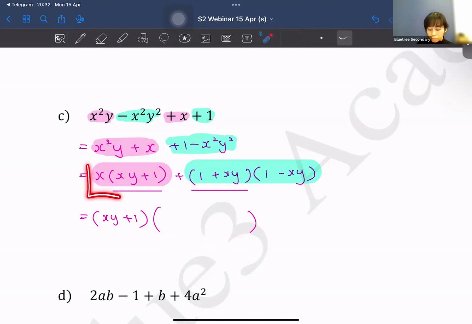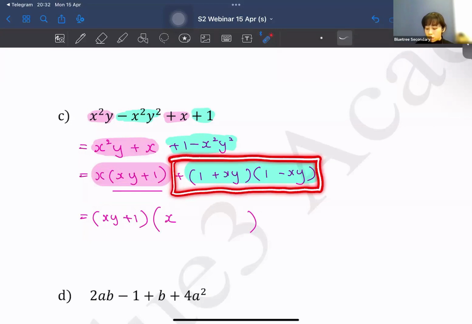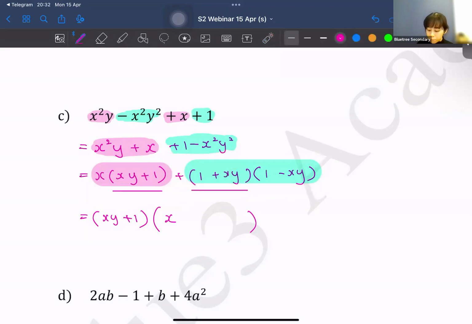So from my first group, after I factorize out the xy plus 1 factor, I'll be left with x. And for my second group, after I factorize out the 1 plus xy factor, I'll be left with 1 minus xy. So from here, I cannot further factorize already. That's my final answer.